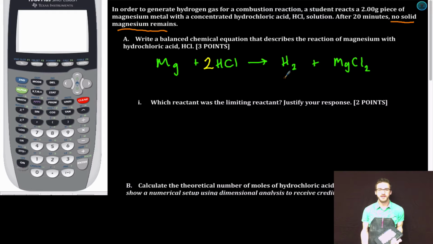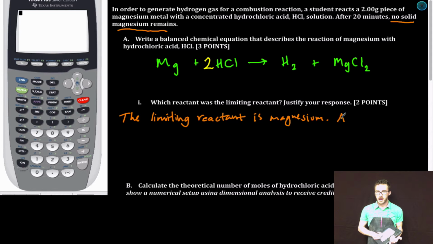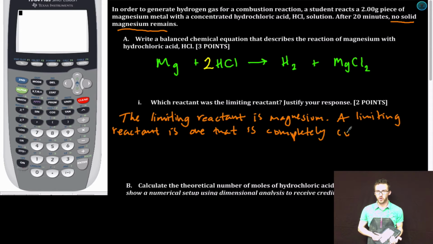If no magnesium remains, that means it's completely used up and must be the thing that's limiting the reaction. If, after the reaction is completed, there's still some magnesium sitting there, it tells me that it's the HCl that's limiting. Loving it. The limiting reactant is magnesium. A limiting reactant is one that is completely consumed in a reaction.